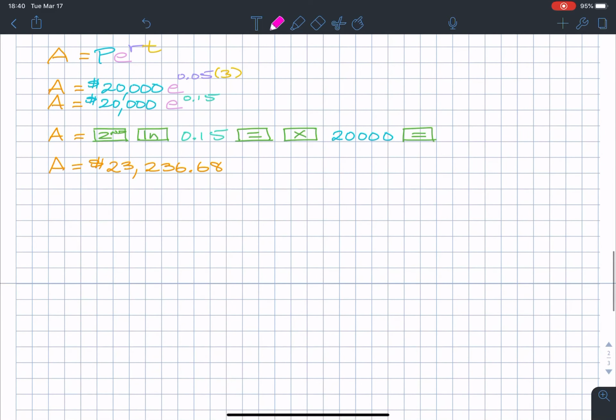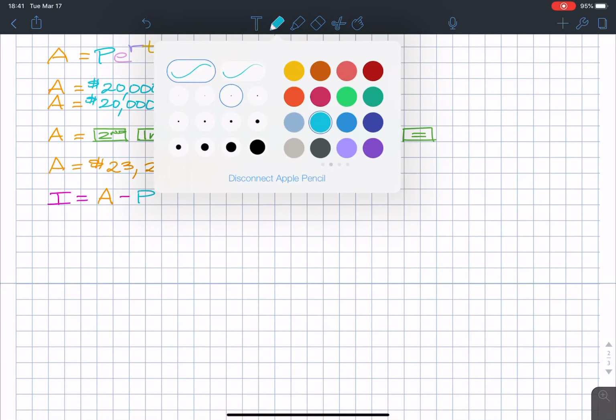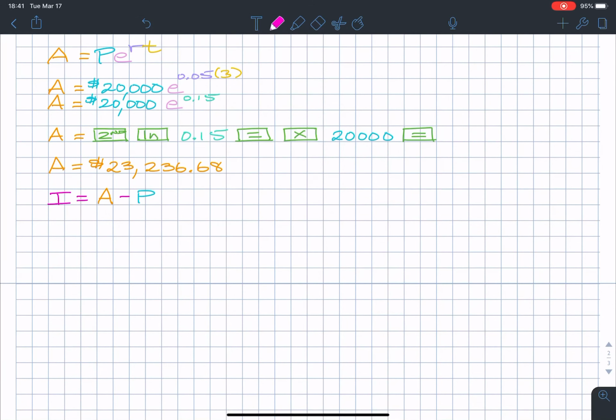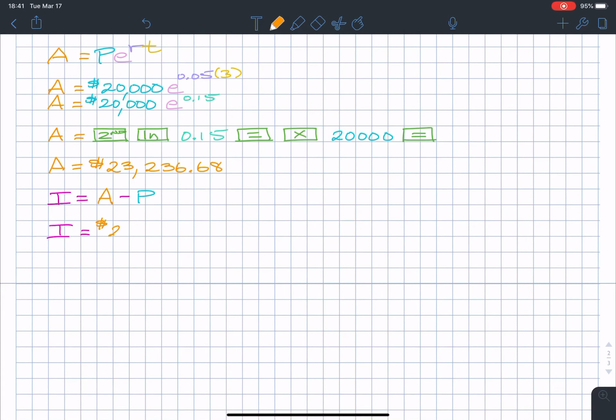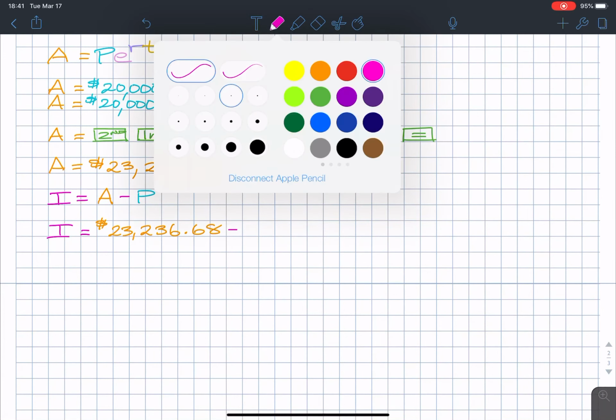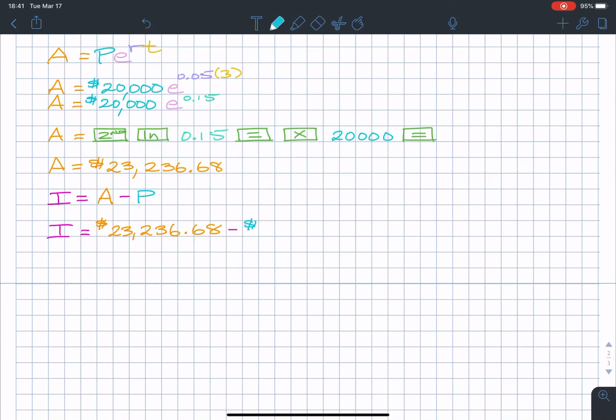So the interest will be the final amount, A, minus the principal amount, P. So the interest will be $23,236.68, from which I'm subtracting the principal of $20,000.